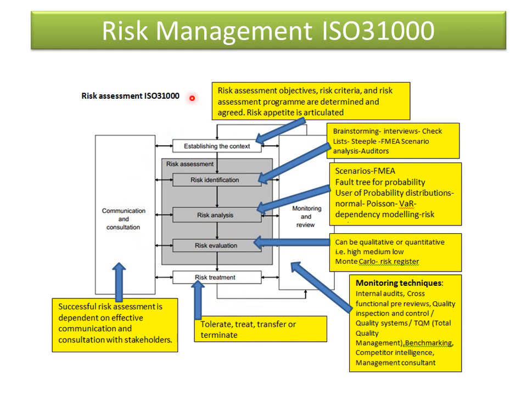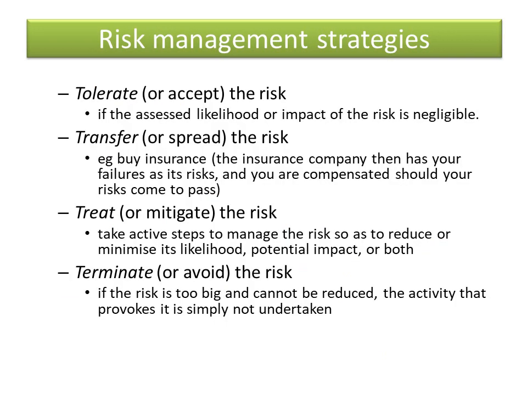The whole process is a cycle because we've got communication, monitoring, review and feedback throughout the process. So I think that's a very useful graphic of the risk management process, and it's taken directly from the International Standard on Risk Management. So that's a useful slide.